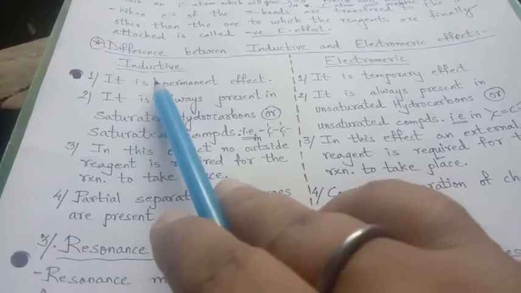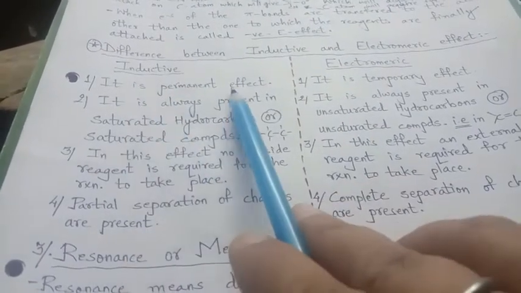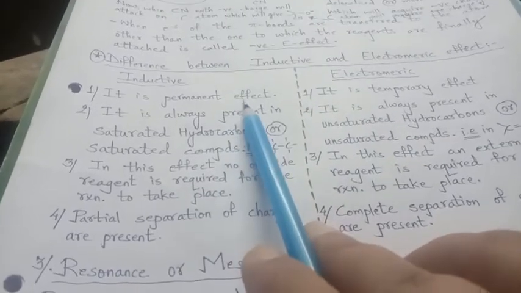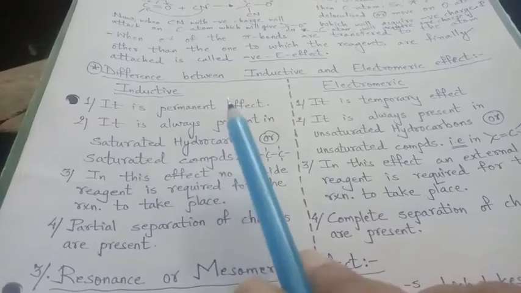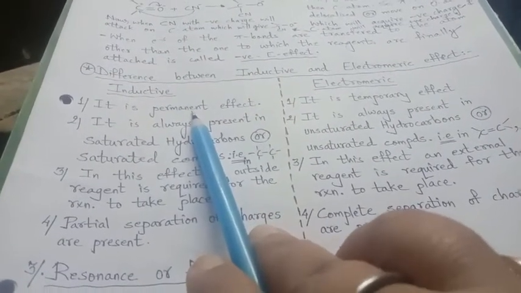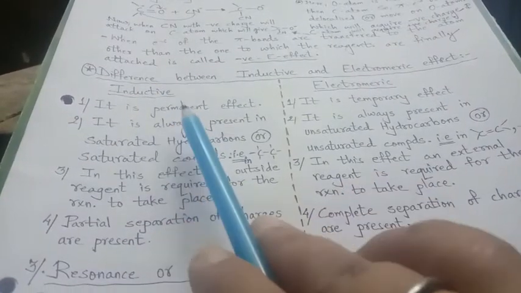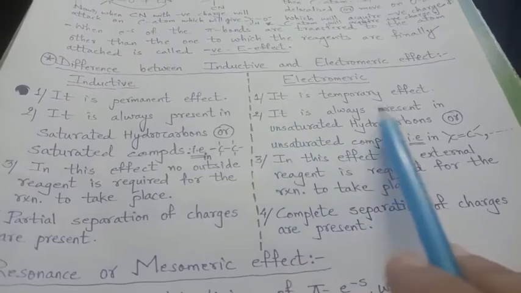So let us see first the inductive and electromagnetic differences. The inductive effect is a permanent effect. In all organic compounds, wherever the reagents are present, the permanent effect is always there. So inductive is permanent, whereas electromagnetic is a temporary effect.